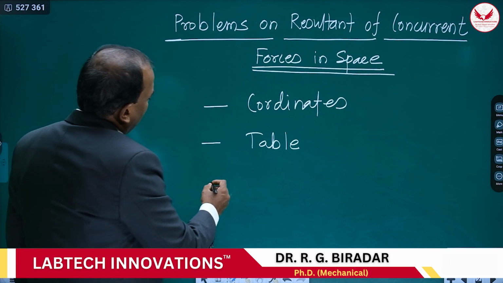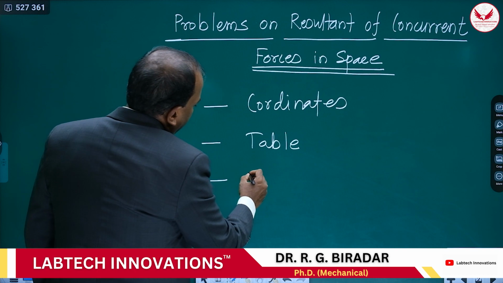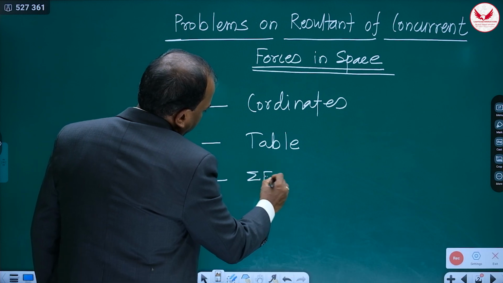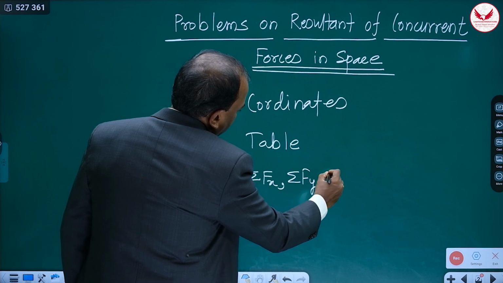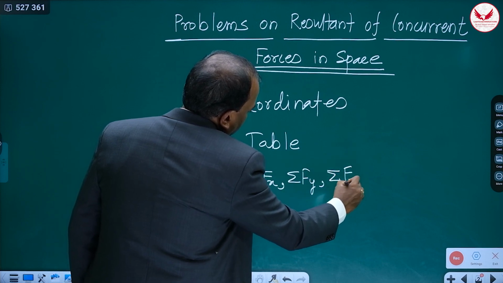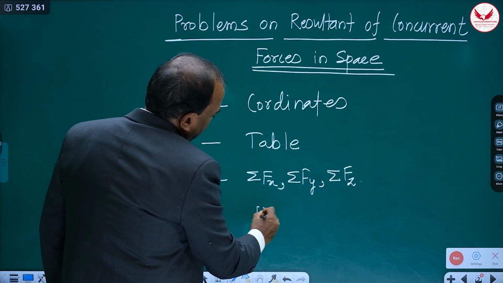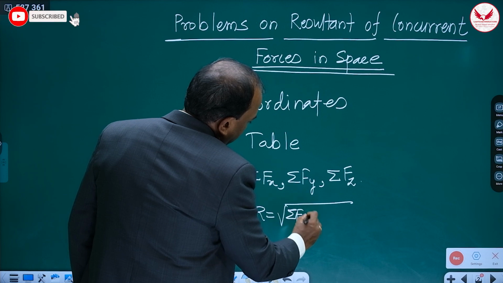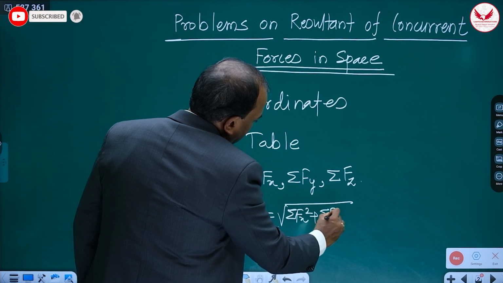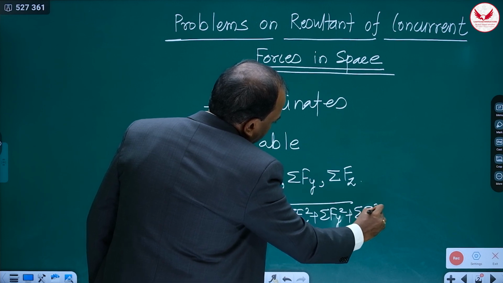And third is, if resultant is there, then calculate summation Fx, summation Fy, summation Fz, and then by using them you can calculate R is equal to under root summation Fx square plus summation Fy square plus summation Fz square.